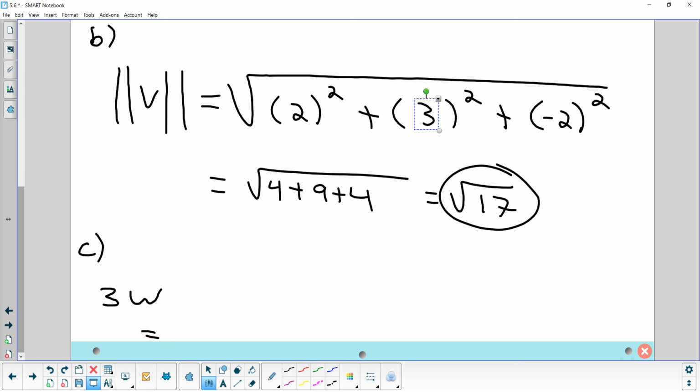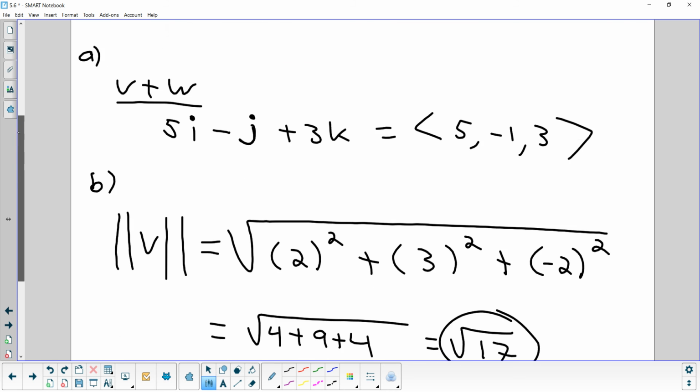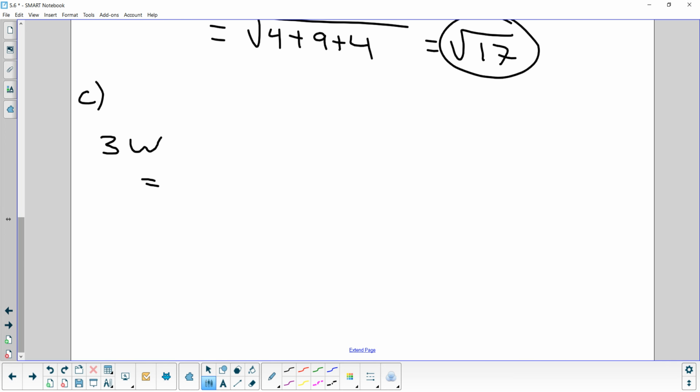So now we're going to take W and we're going to triple it. Jade, if I triple W, what would be my x-axis component? 9i. Yep.